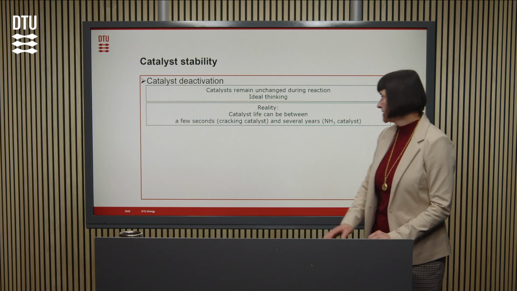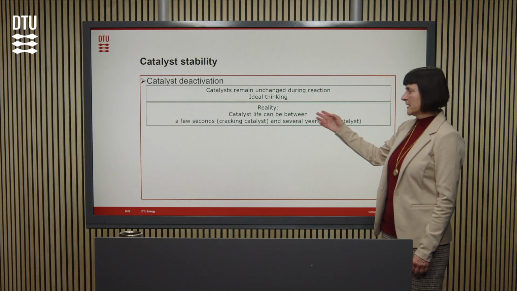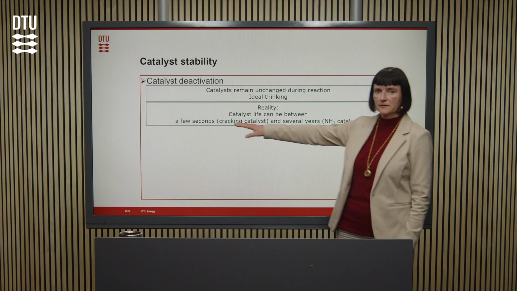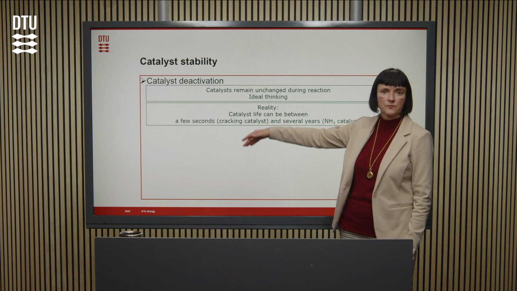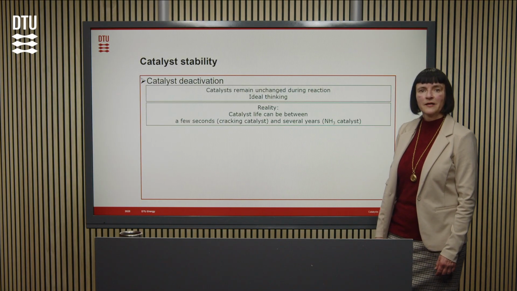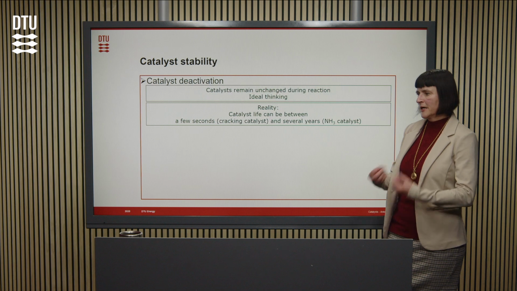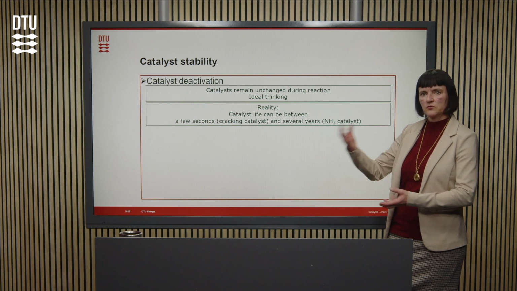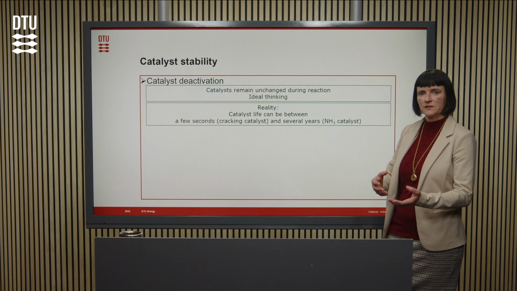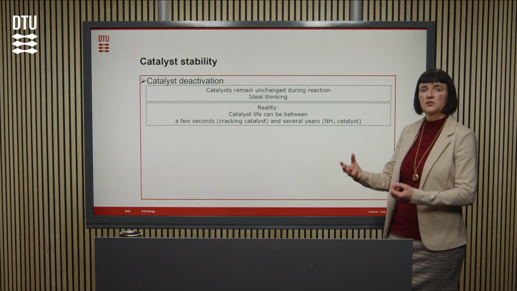What you typically see is that the catalyst lifetime can be between a few seconds to several years. And you might say a few seconds, that will never work. However, there are actually reactor designs that can accommodate such a very fast deactivation. So imagine you do a reaction and the catalyst is deactivated in a few seconds and you have to exchange it.